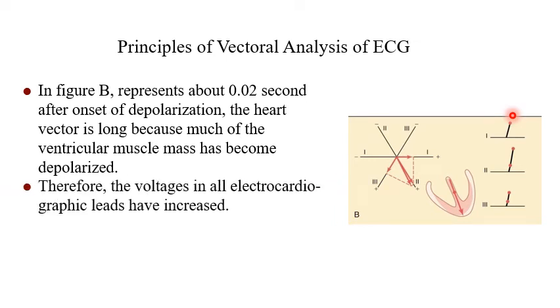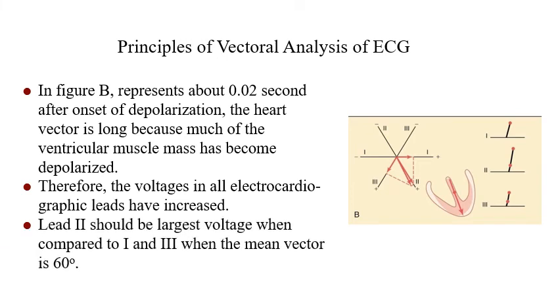So the electrocardiographic voltages have increased, because much more area of the ventricles has been depolarized at this moment, and lead 2 was the largest, as the mean vector is now 60 degrees and is in nearly the same direction as lead 2.